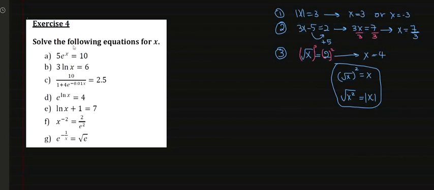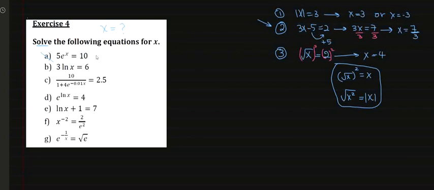Here we have in part A, 5 times e to the power of x equals 10. We need to solve that equation, and solving an equation with an x means that we want to know the value of x. Like we did in example number 2 here. We got rid of the negative 5 first and then the 3.